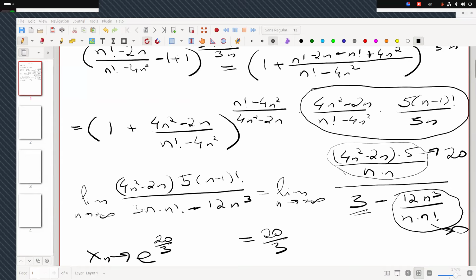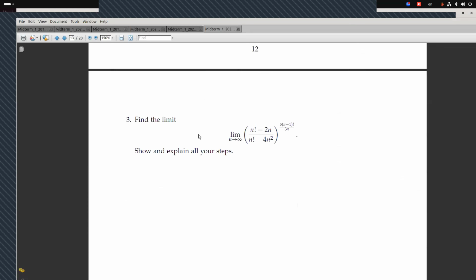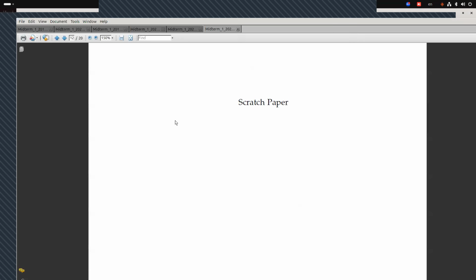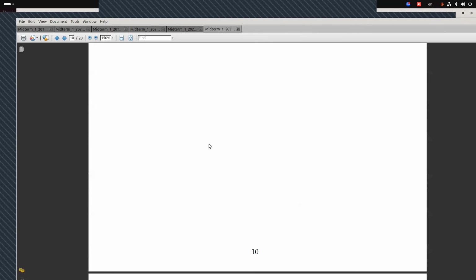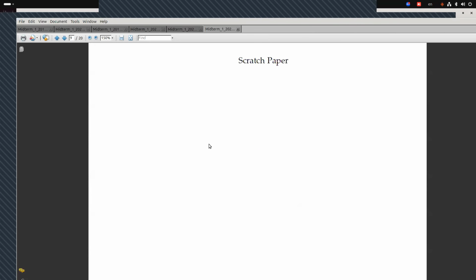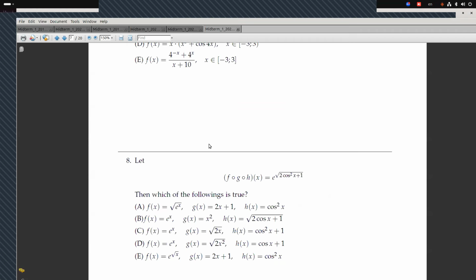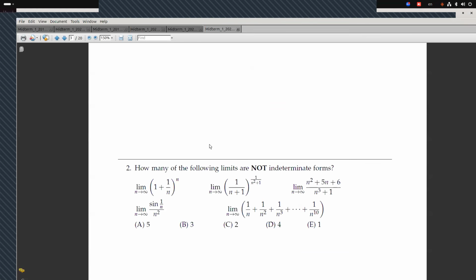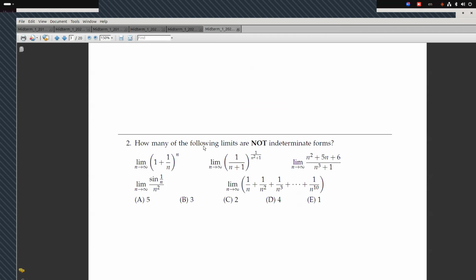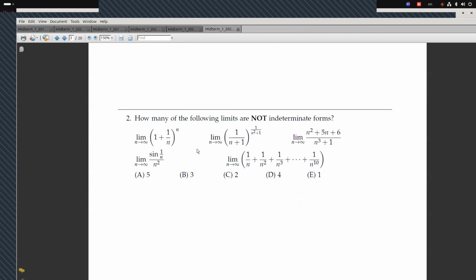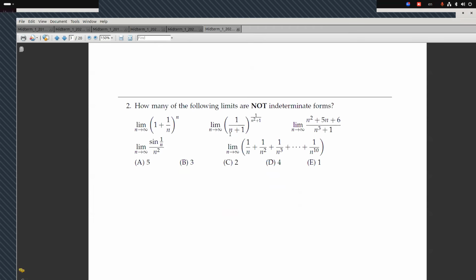Next question, 2022 multiple choice number 2. How many of the following limits are not indeterminate forms?